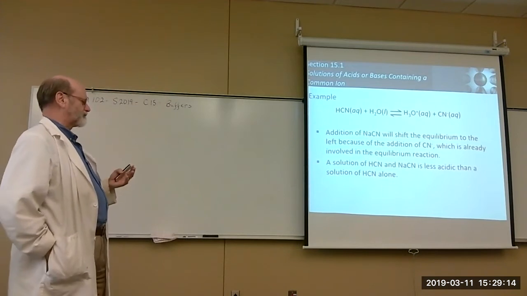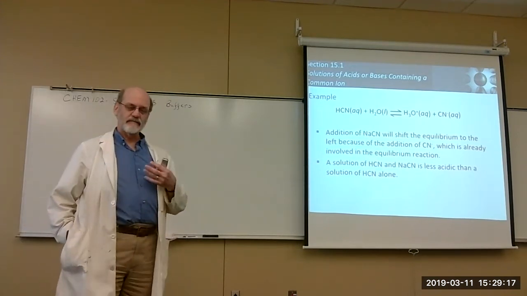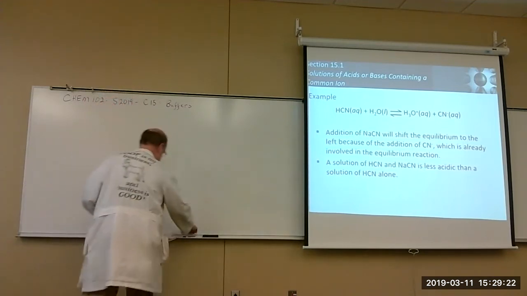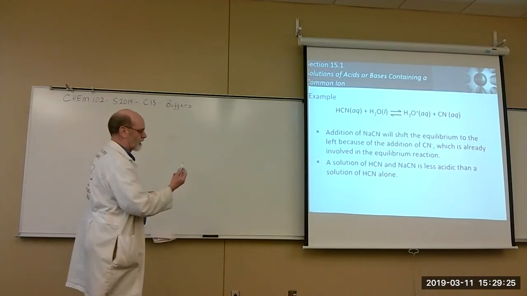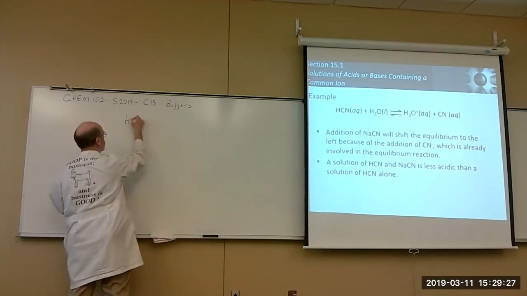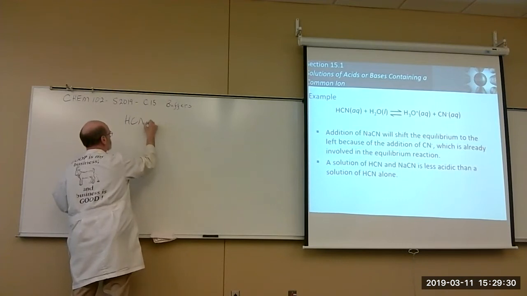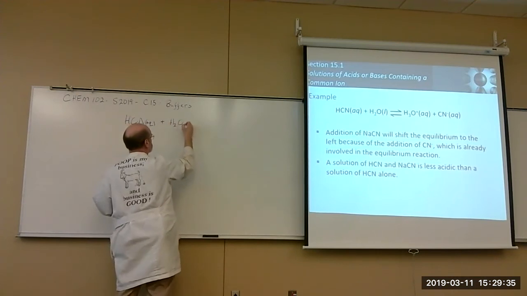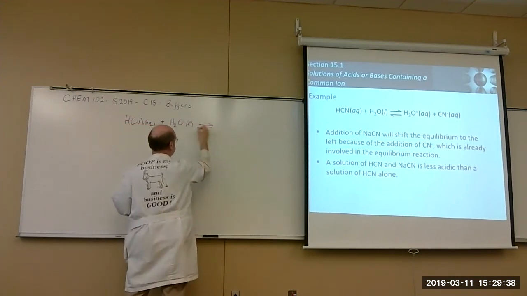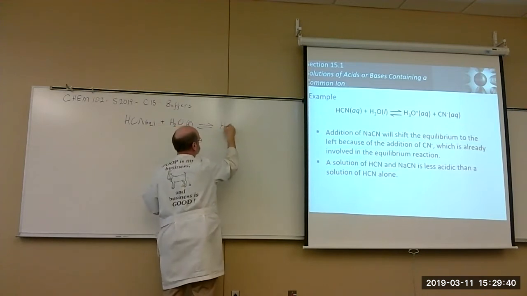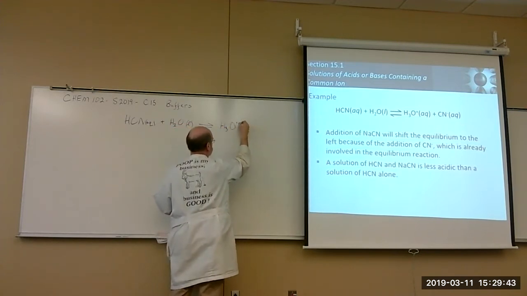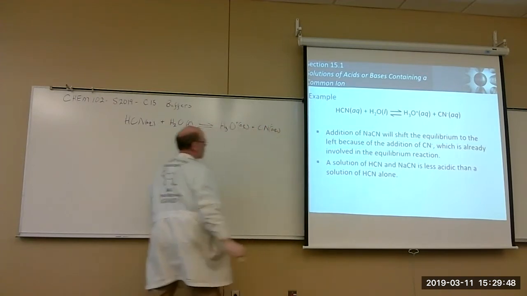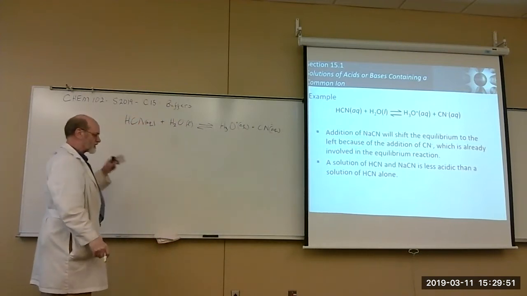So if we add sodium cyanide to that mixture, let's just put it up here on the board so I can talk with my fingers. Okay, so there's our equilibrium situation.